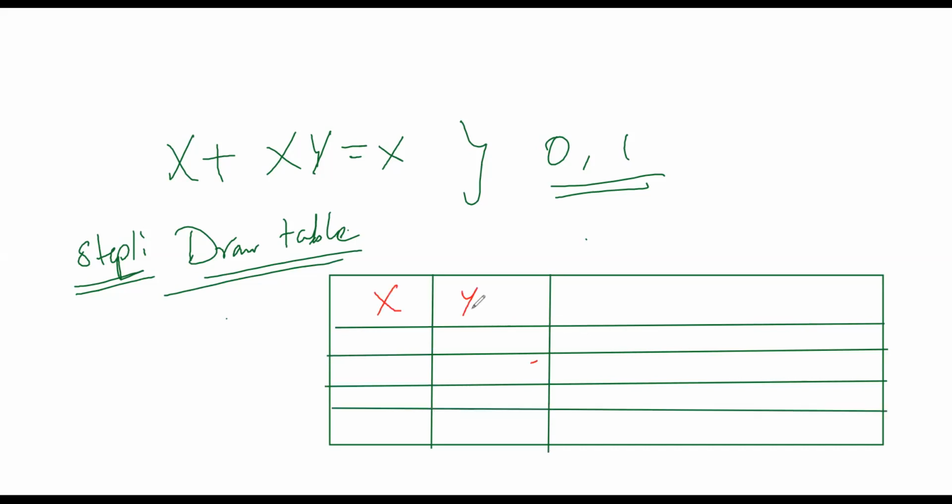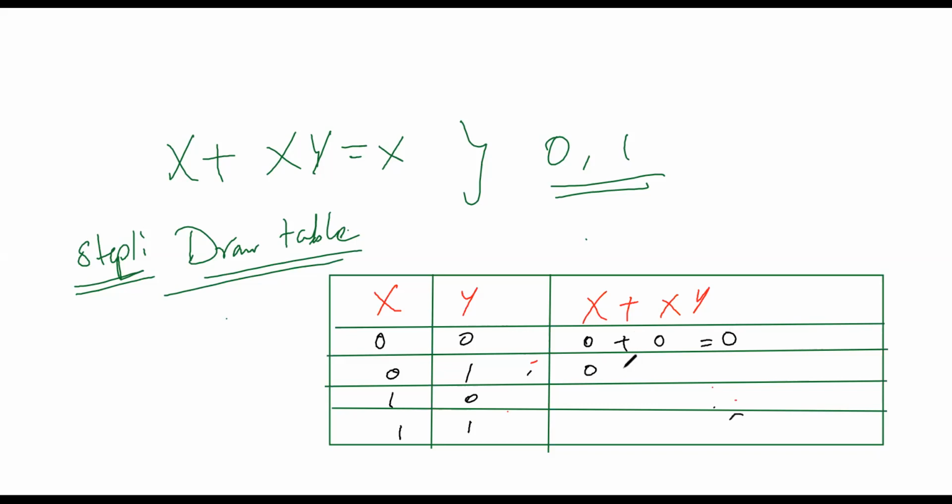X and y. Fine. X plus xy is equal to x, this is what we have to prove. Write down x plus xy here. What is the x value? First write down these: 0, 0, 0, 1, 1, 0, 1, 1. Is it clear up to this? Then x plus xy. If you're having difficulty, x is 0, xy is 0 itself, so the answer is 0.